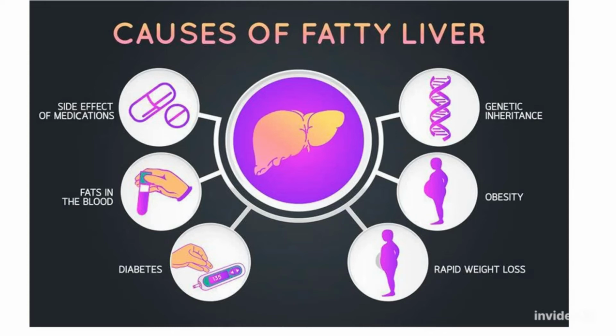Being obese or overweight, having type 2 diabetes or insulin resistance, having metabolic syndrome, high blood pressure, high cholesterol, high triglyceride level, side effects of some medication, and viral hepatitis are the causes of fatty liver.